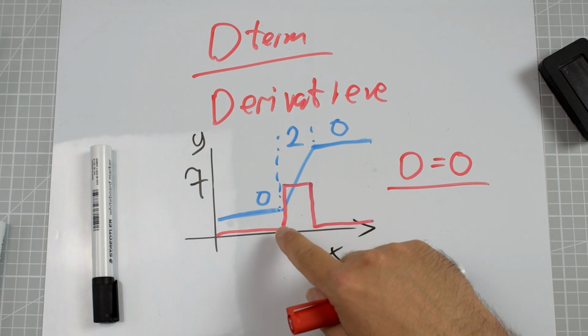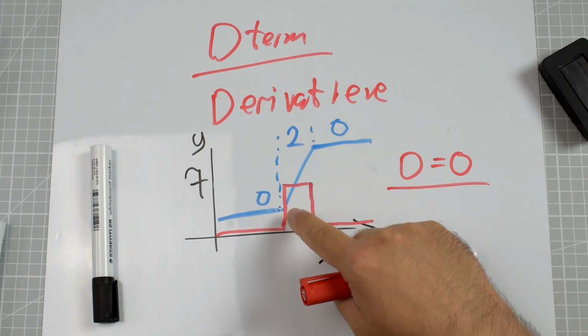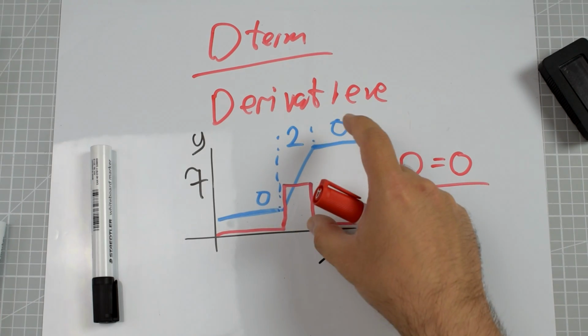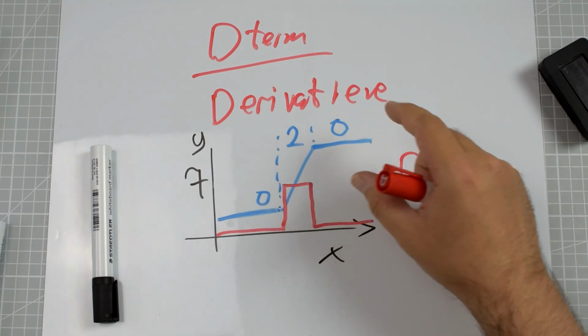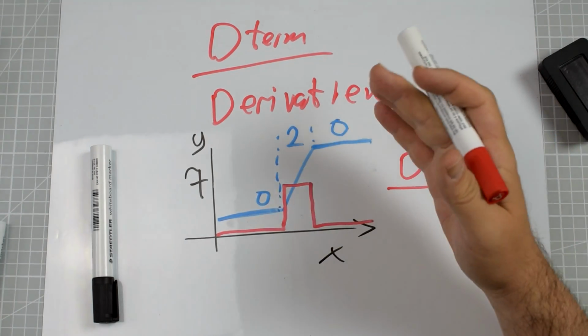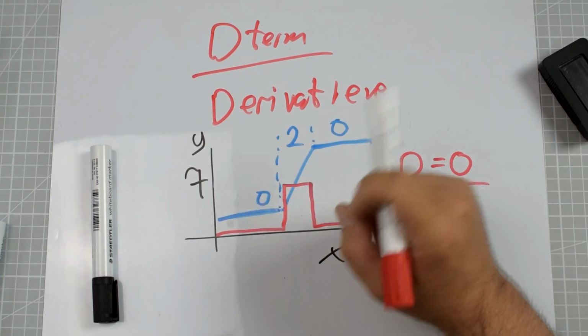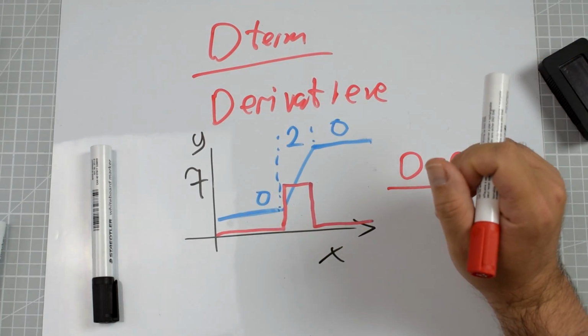This is a very simple example where the derivative in this period of time, because x is in our case time, if we are talking about the gyro readings, is a constant acceleration.